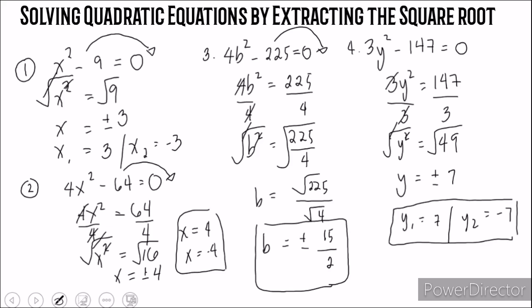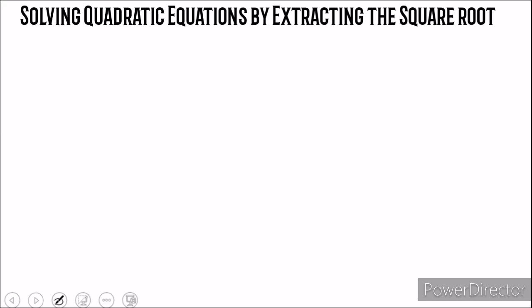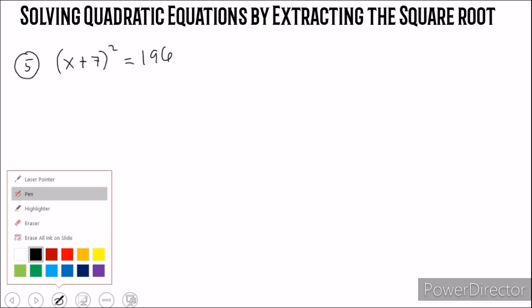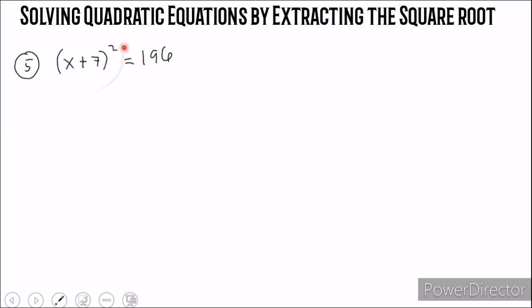Okay, for the last example, what if meron naman tayong ganito? What if ang given naman ay x plus 7 squared is equal to 196. Okay. So, pansin natin, since this one is raised to 2, automatic, yung buong expression na to ay perfect square.